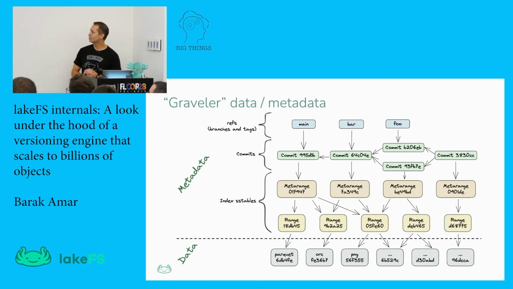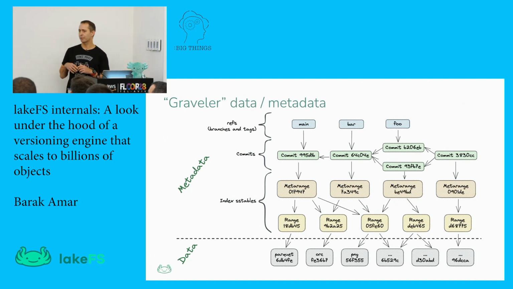If you remember from the previous slides, it's very similar to Git. We have a branch pointing on commits, and commits will point to a layer. You can see it's called meta range and ranges. This is the index layer where it's pointing to the actual data in your lake.